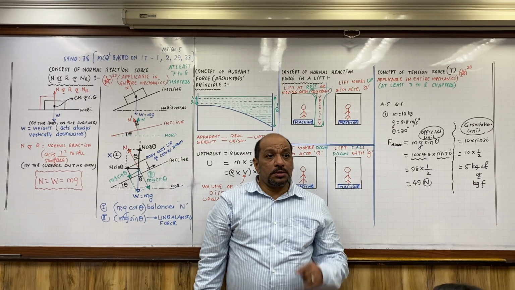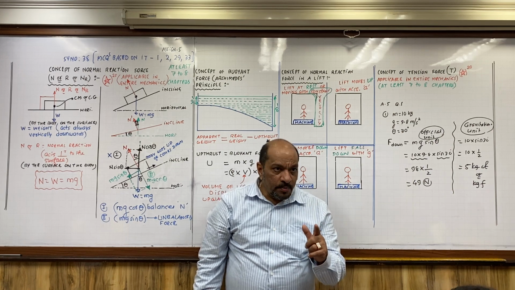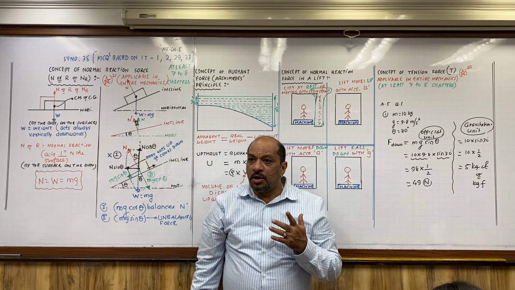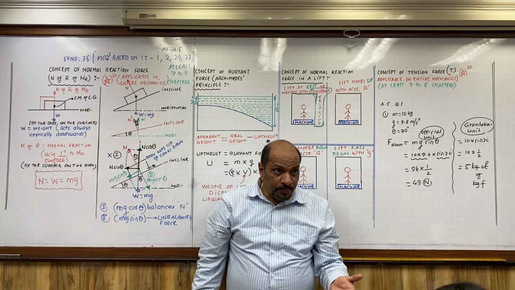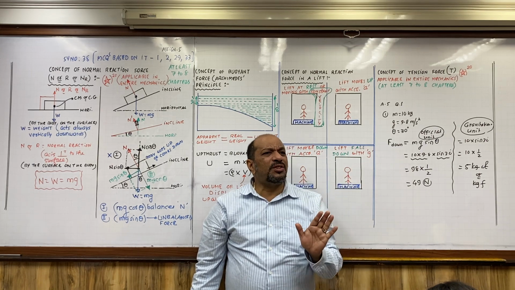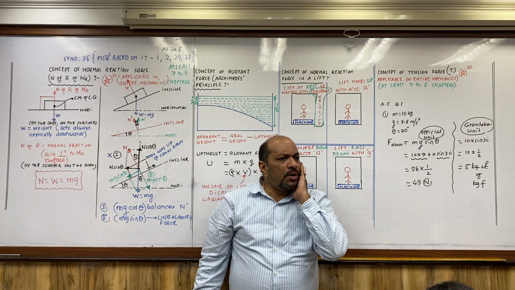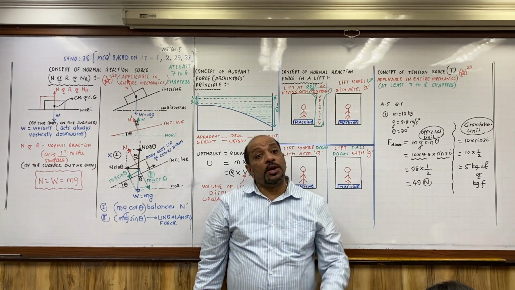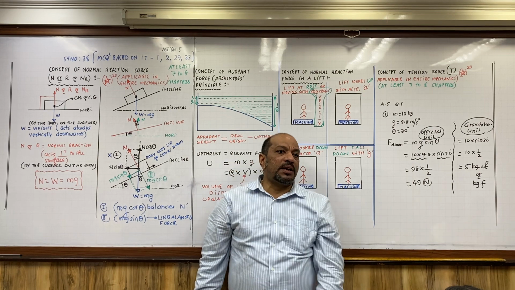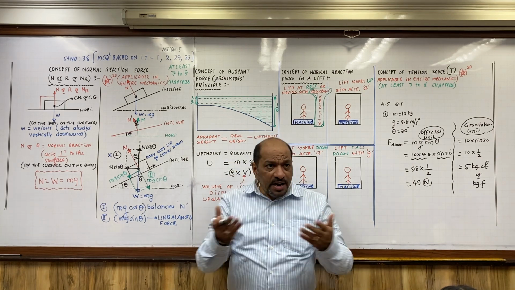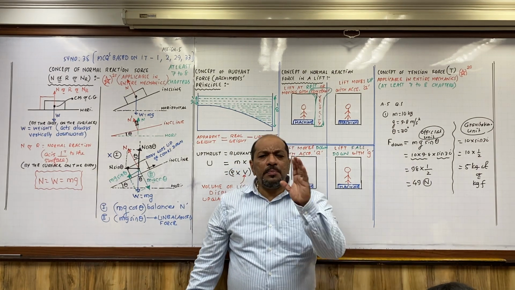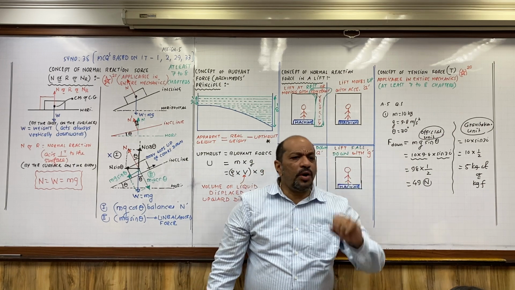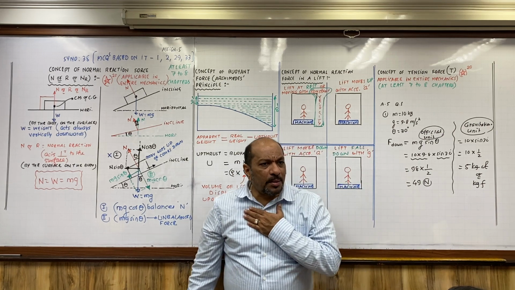Sometimes students say कि सर पहले प्रॉब्लम में G दिया है इसलिए यूज करना है, दूसरे प्रॉब्लम में G नहीं दिया है इसलिए यूज नहीं करना. ऐसा कोई लॉजिक नहीं होता है बेटा. मैं दोनों में G दे दूंगा, लेकिन एक में ऑप्शन दूंगा न्यूटन में और एक में ऑप्शन दूंगा केजी वेट में. तो मैंने G दिया है तो भी आपको यूज नहीं करना है. Reason, I did not give you options in Newton. Simple. If I ask you your weight, what do you say? Sir, I am 60 kilogram.